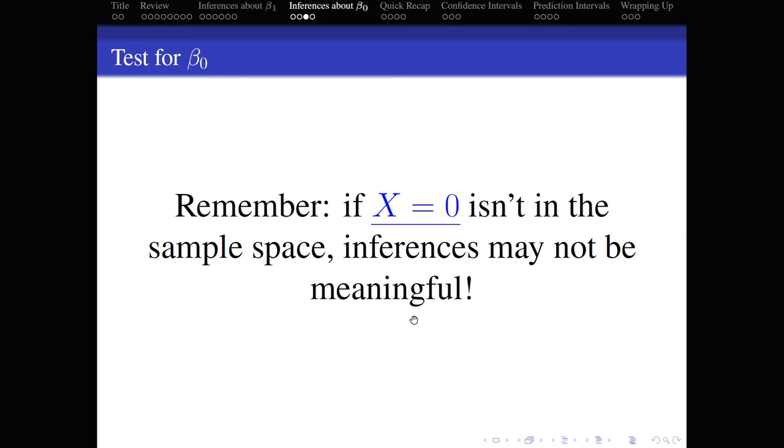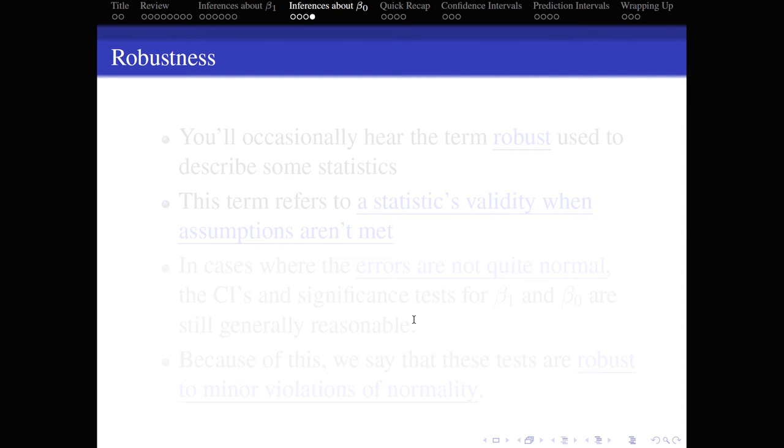And this is echoed for tests. As we talked about in previous videos, the statistical tests impact interpretation. Because statistical tests and interpretation are so closely tied together, this concept from our interpretation, if x equals 0 isn't in the sample space, inferences may not be meaningful, still applies when we're talking about statistical tests.